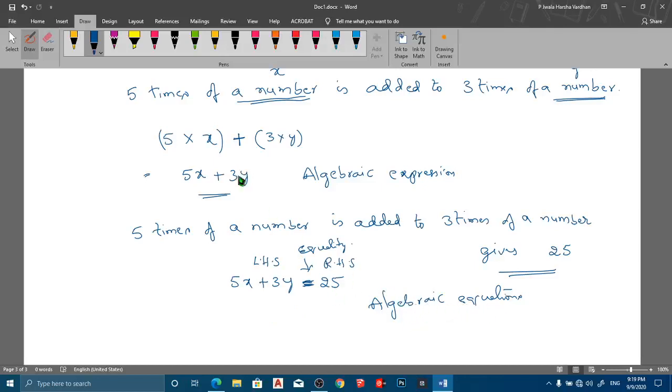The main difference between expression and equation is it is having an equality symbol, and in the expression you should not have any equality symbol, just a statement 5 times of x plus 3 times of y, just up to there only this expression will be there, but this expression will be equal to some other number in the equation. So an equality symbol also will be there here, so that's why this is called as an equation. Okay, it's called as the algebraic equation.